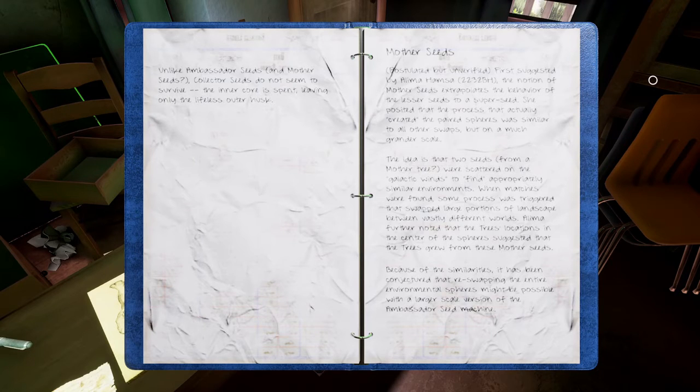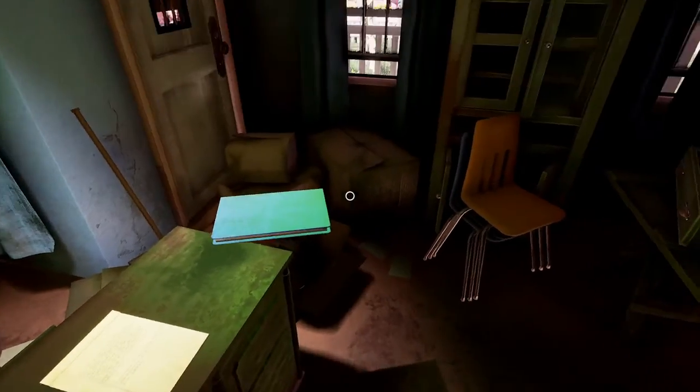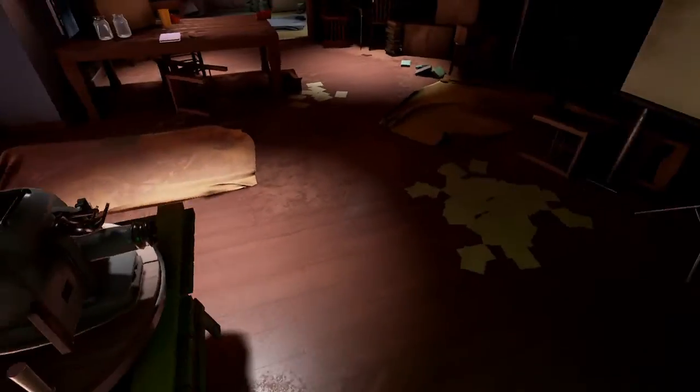Because of the similarities, it has been conjectured that reswapping the entire environmental spheres might be possible with a larger scale version of the ambassador seed machine. There's a machine? And that's the end of the notes. Okay then. That's a little weird.